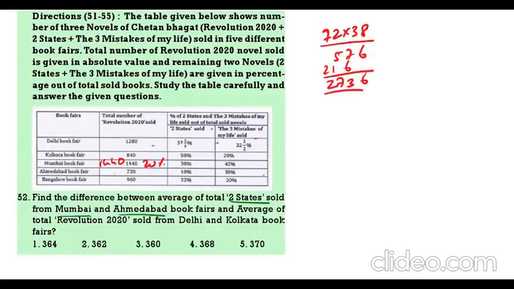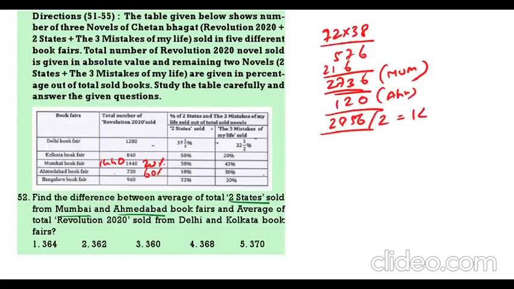Totally we are going to get 2736. This is Mumbai. Now Ahmedabad. 10 plus 30, 40. So 60% is 720. Then 10% is what? 60 by 6, 720 by 6, that is 120. So totally we are going to get 2856. We want average. So average means 1428. This is one value.